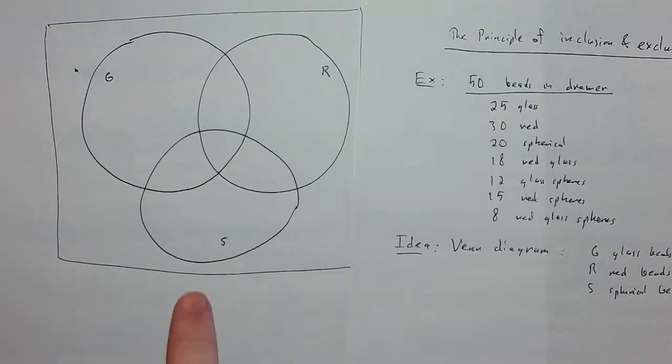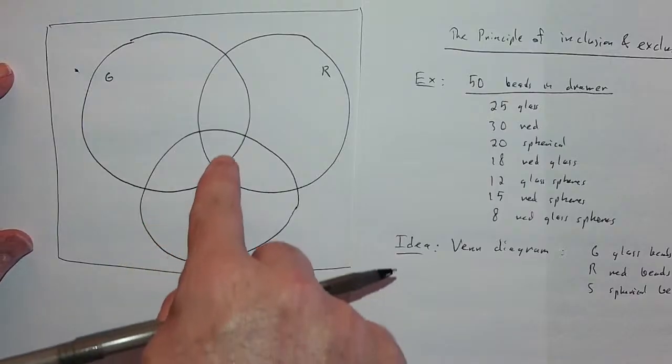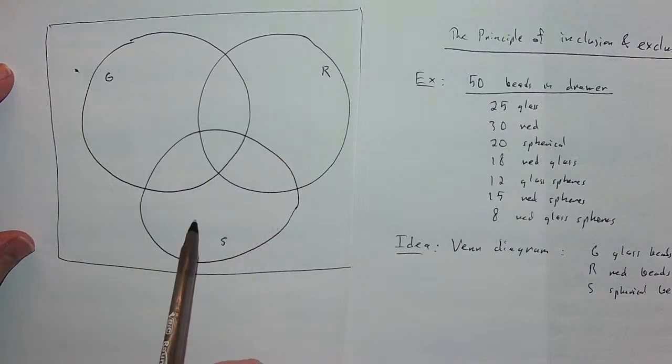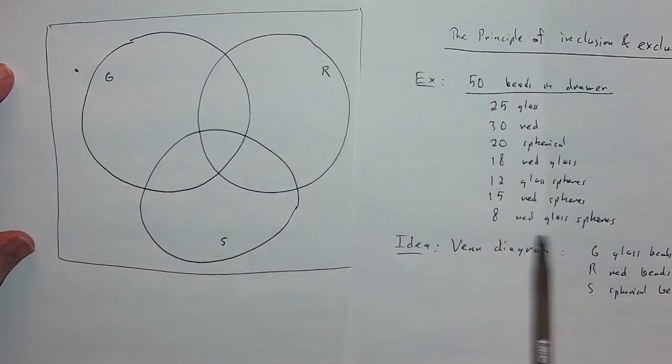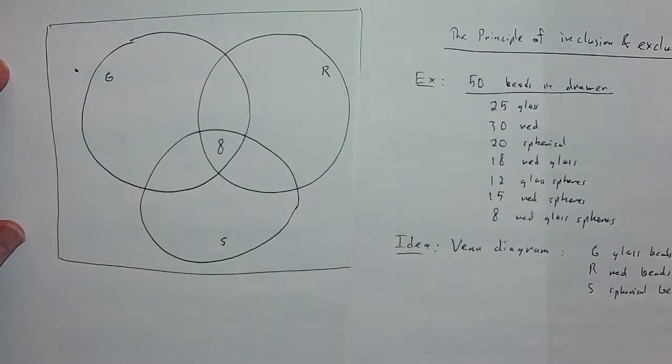But let's enumerate how many I have in each region. Here, this region indicates beads that are glass, red, and spherical, and I'm told that I have 8 such beads.